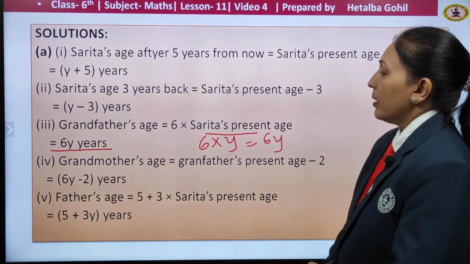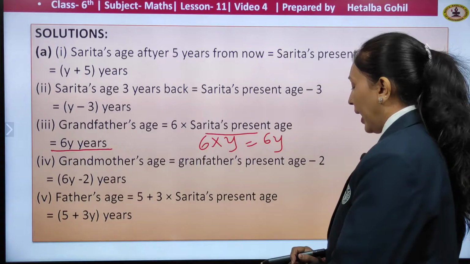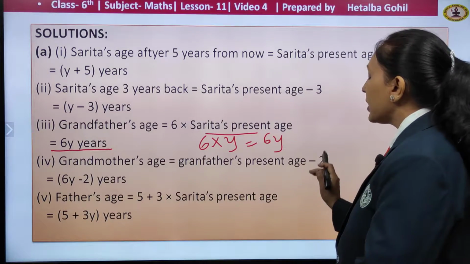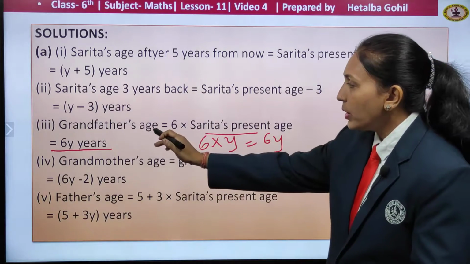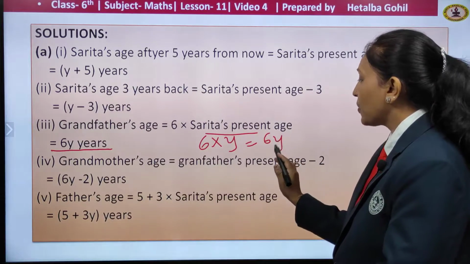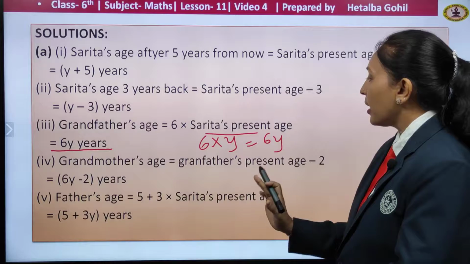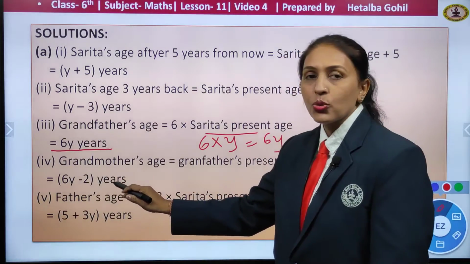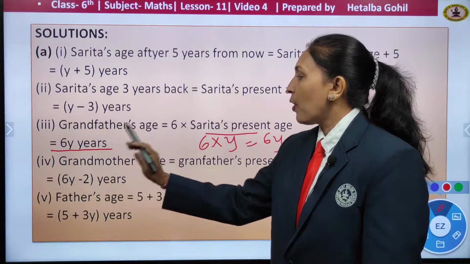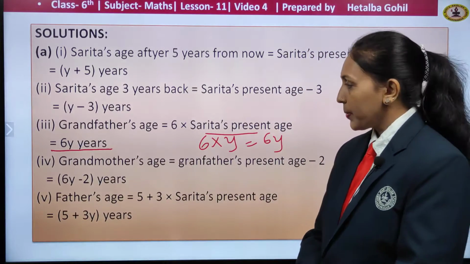Now Sarita's grandmother's age is 2 years less than her grandfather's present age. We have found the grandfather's present age, that is 6y, and she is 2 years younger than the grandfather. So 6y minus 2 years will be the expression for her grandmother's age.